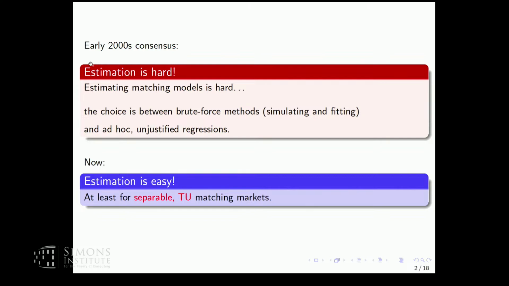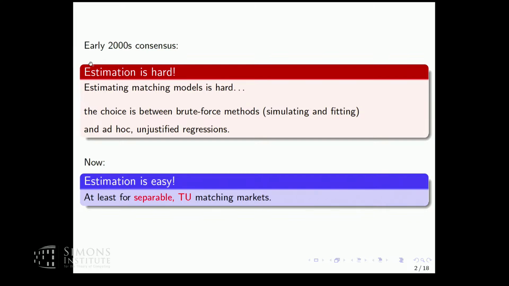So the new thing is that it's become really easy to estimate matching models. And when I say really easy, sometimes all you have to do is run regressions, but justified regressions, or at least I will try to justify them, at least if you focus on matching markets that have transferable utility. This works also for imperfectly transferable utility, but the whole talk is going to be about perfectly transferable utility.